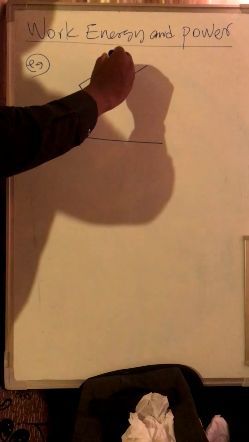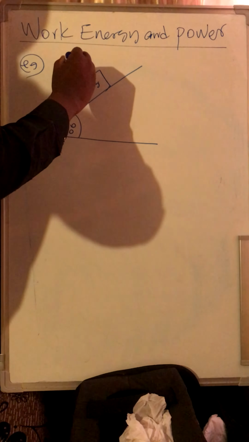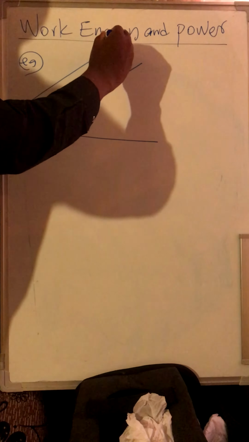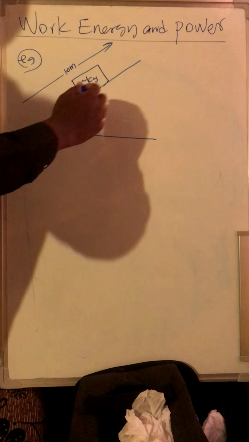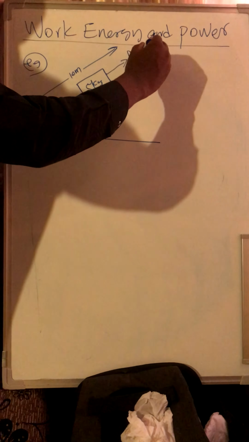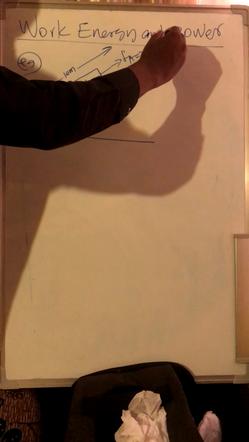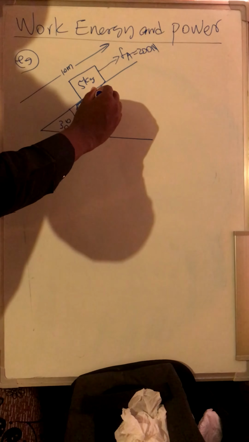We are working with our box here. This is our 5 kg block, and then the displacement. We are still talking about 10 meters from down here up there, and then we have our applied force. It is still 200 newton, and then our kinetic friction, we are still talking about 10.